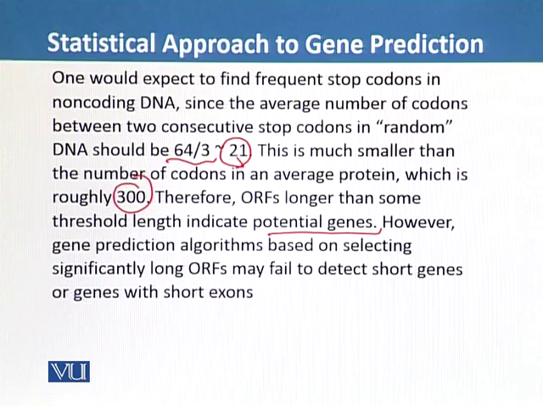However, gene prediction algorithms based on selecting significantly long open reading frames may fail to detect short genes or genes with short exons. So the problem with the statistical approach is that we have to consider the short open reading frames instead of the long reading frames.